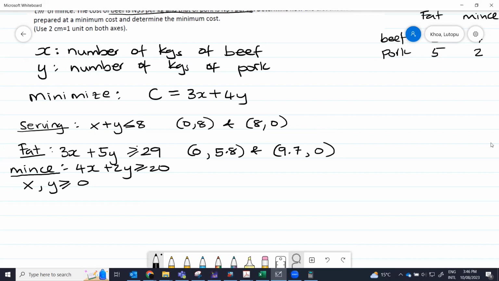It's 9.666 and so on. Then here, if x is 0, that means y is 10. And if y is 0, then this means that x is 5. Okay, so looking at these points, a scale of counting in ones will be the most appropriate.